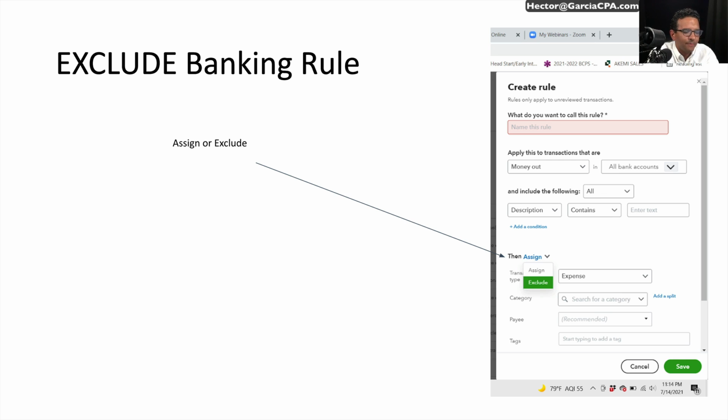You will see in my banking course when I explain that in really detail in terms of how I do the workflow for matching double transactions and stuff like that. But there are situations in which you might want to exclude a particular transaction. For example, I have a client that downloads credit card expenses from a personal credit card, but does not reconcile the credit card, but excludes all the personal expenses.